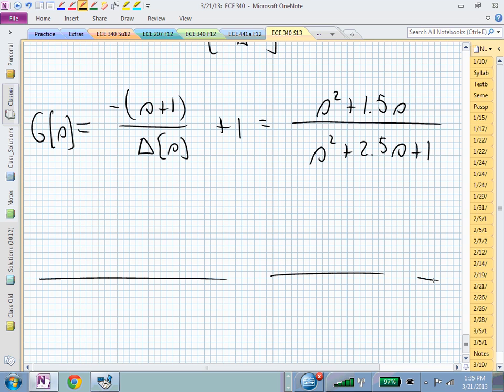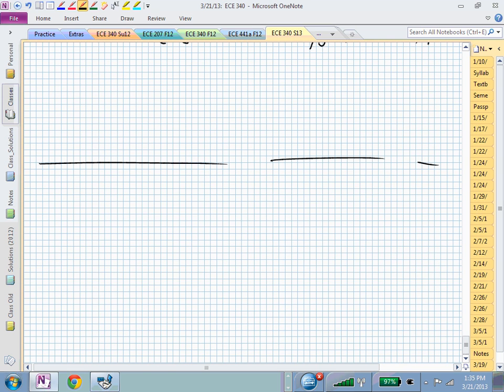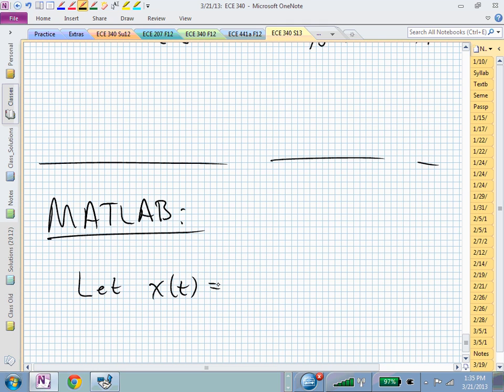What if we want to simulate this? Let's say that somebody says, you have the system, so now we're with MATLAB, and we have our system 1, but we want to let the input x of t be 2 times the sine of 6t.